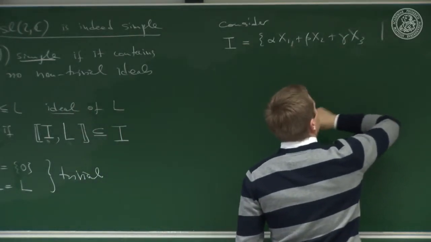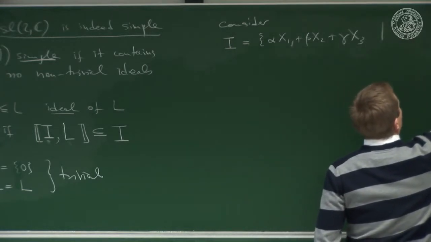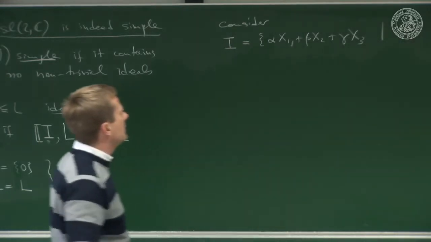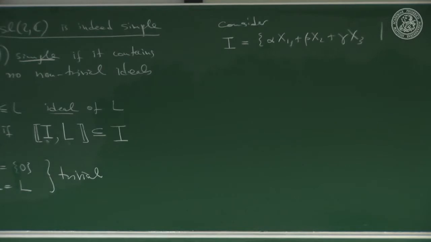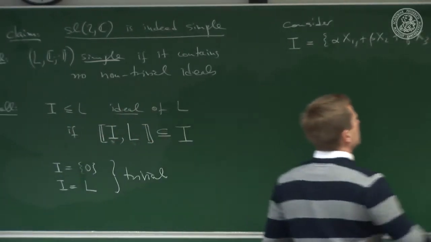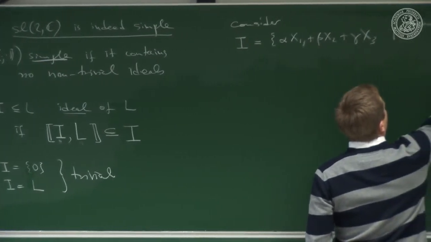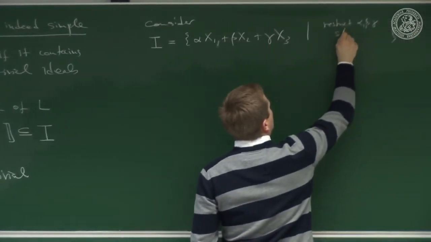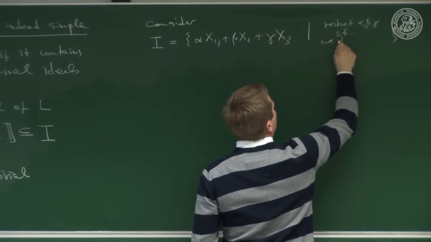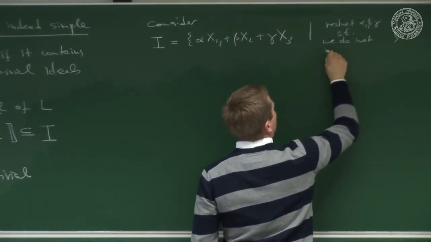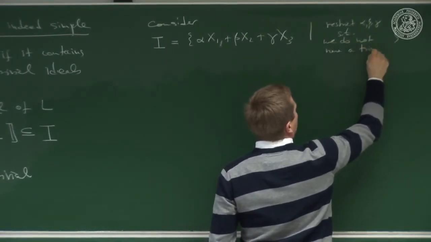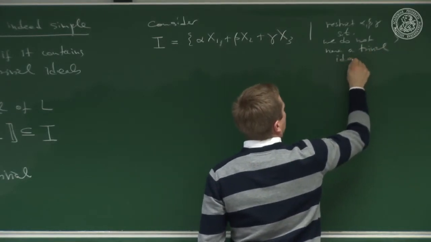And well, we now try to restrict the alpha, beta, gamma such that we do not have a trivial ideal.